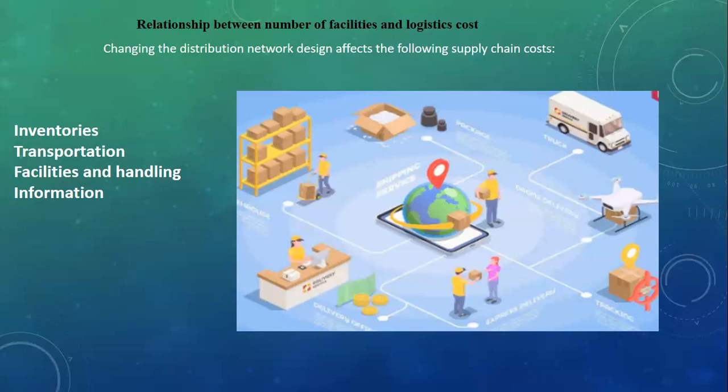Here we need to understand the important factors which influence this cost. First is inventory, then transportation, facilities and handling, and information. These are the four factors which influence the logistic cost. Changing the distribution network design affects the following supply chain costs.